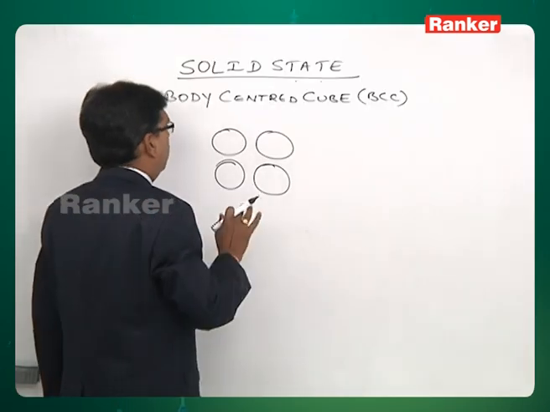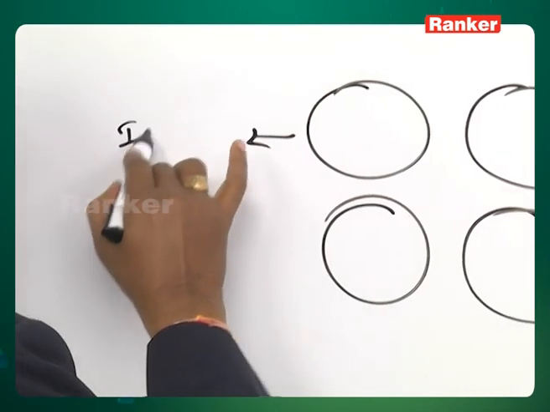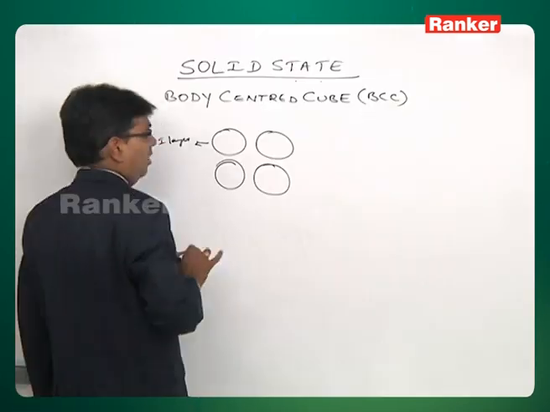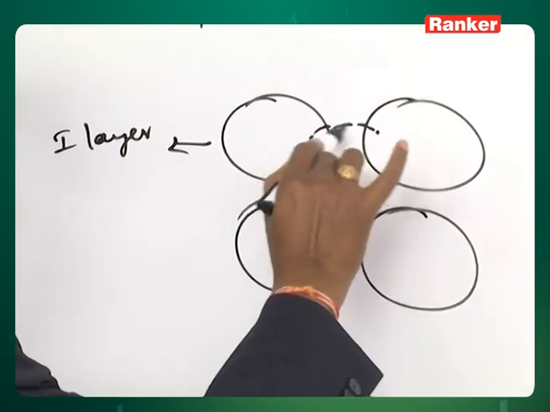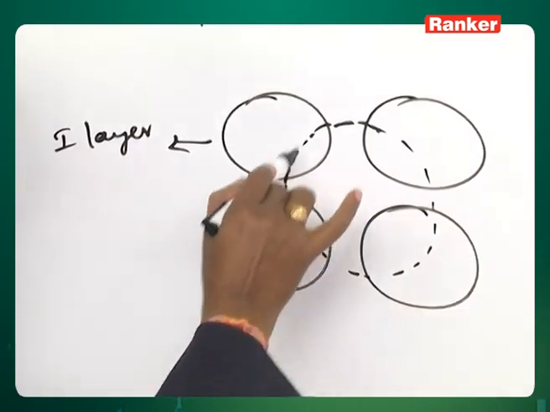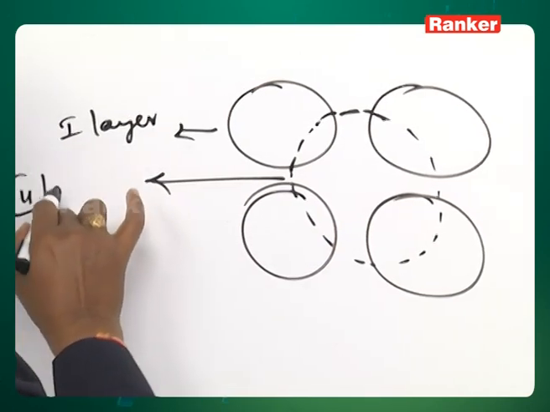Point number 1. Point number 2, this is layer 1, the first layer, and in the second layer, this is another atom. This is the second layer.